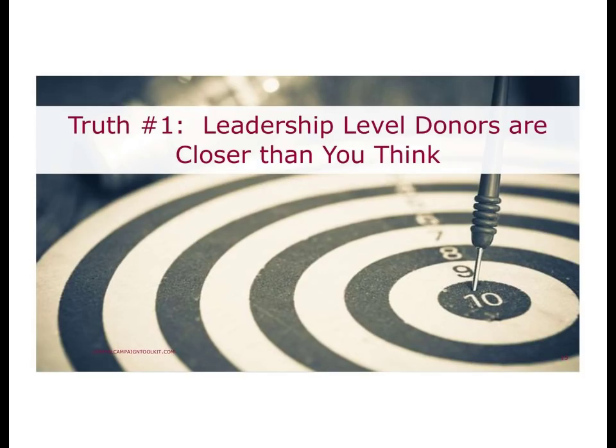All right, so that is why we say that leadership-level donors are closer than you think. That's truth number one. And whenever we start working with an organization, several people, usually on the board or sometimes staff members, really believe that they don't have donors for a capital campaign. You may be in that boat right now. So the go-to thought is that the donors are out there, meaning somewhere else, not in here with us or in our community.